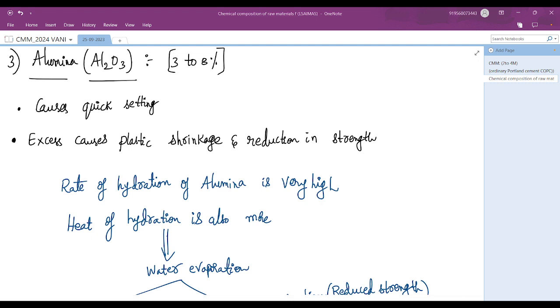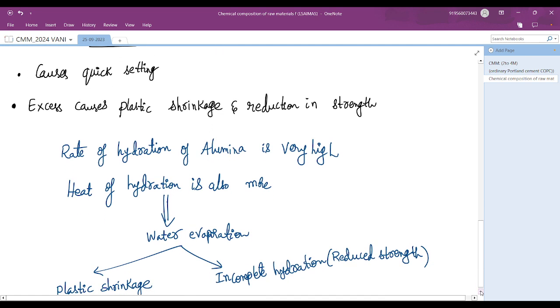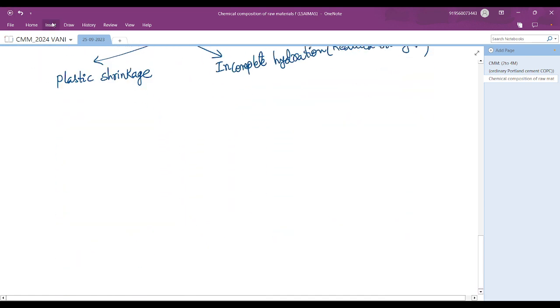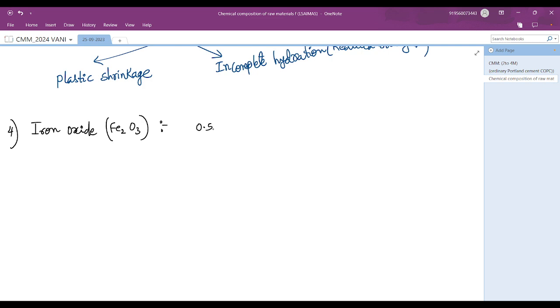So next is iron oxide, that is Fe2O3. This iron oxide is present in an amount of 0.5 to 6%.